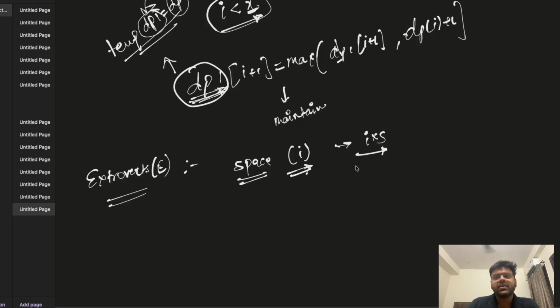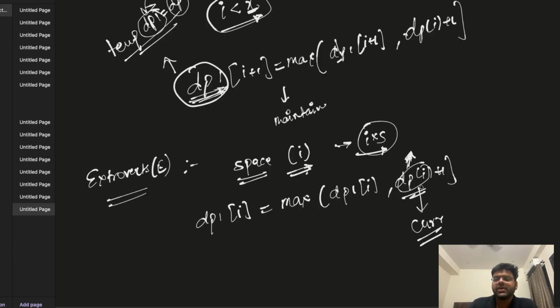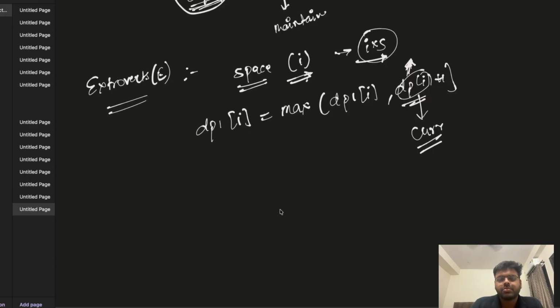So if your current is less than this particular I into S, then you simply do DP of I equal to max of DP1 of I, comma, DP of I plus 1, yes or no? Because DP of I tells you the maximum number of people you can adjust using the I tables, yes or no?